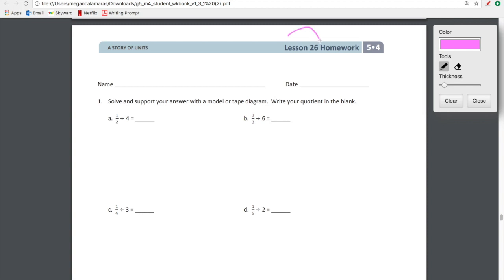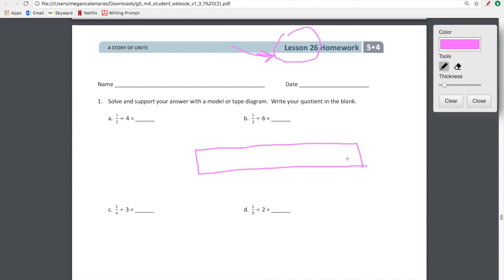Hey kiddos, lesson 26 is another point of focus for your celebration of learning. In lesson 26, you will recall we divided fractions by whole numbers. So you're going to be asked to evaluate this expression, and then you need to support your answer using some sort of diagram.